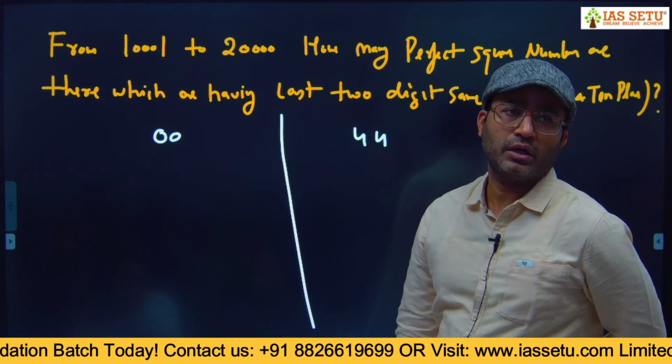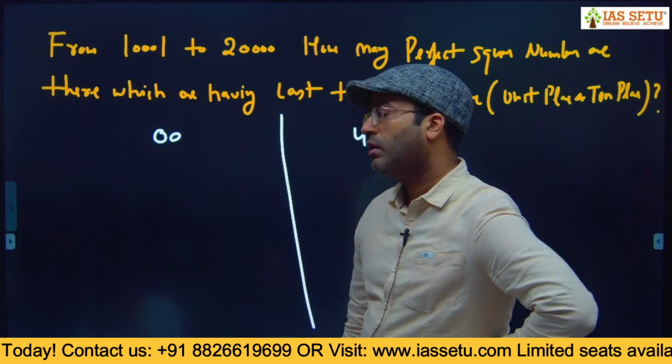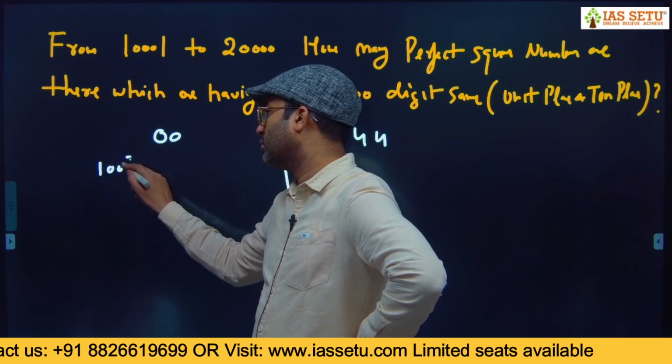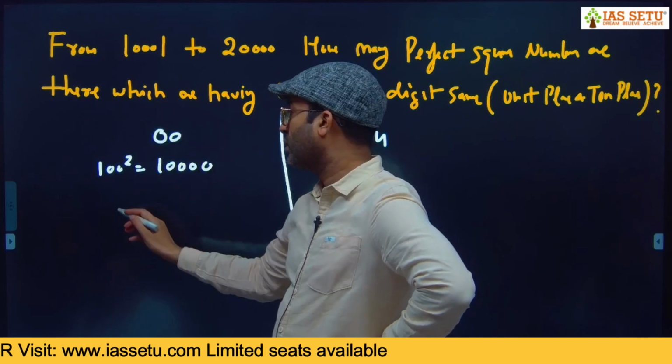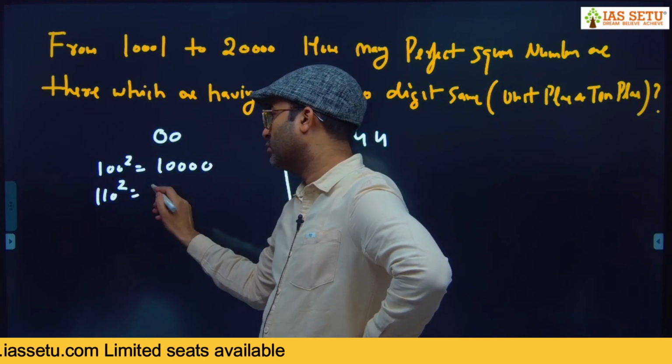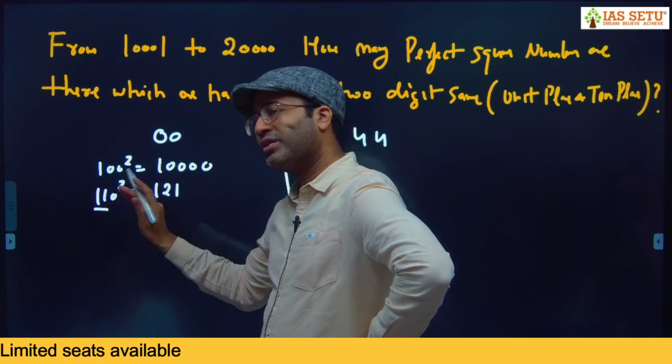Where will 00 come? Multiple of 10. Can I take 100 square? Why not? Because the range starts at 10,001. What is 110 square? 1 to 1, because it is very easy.